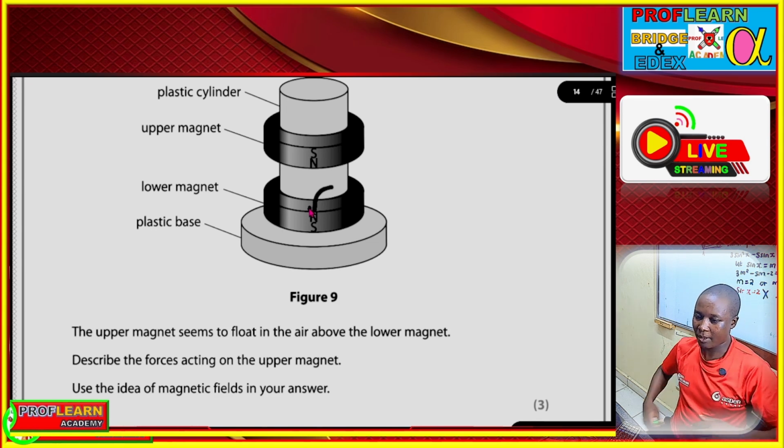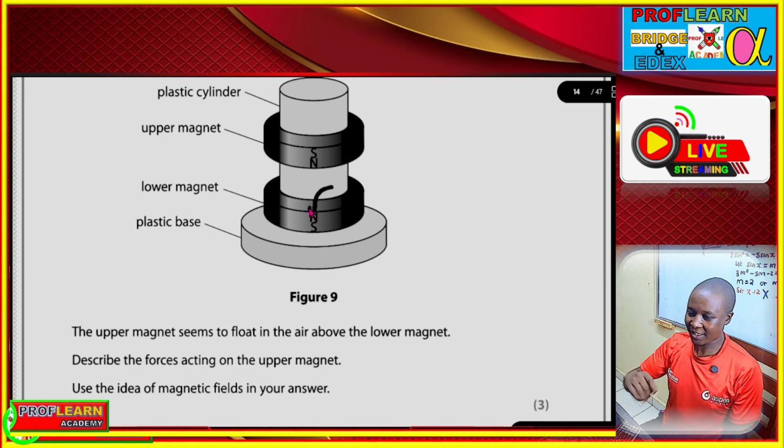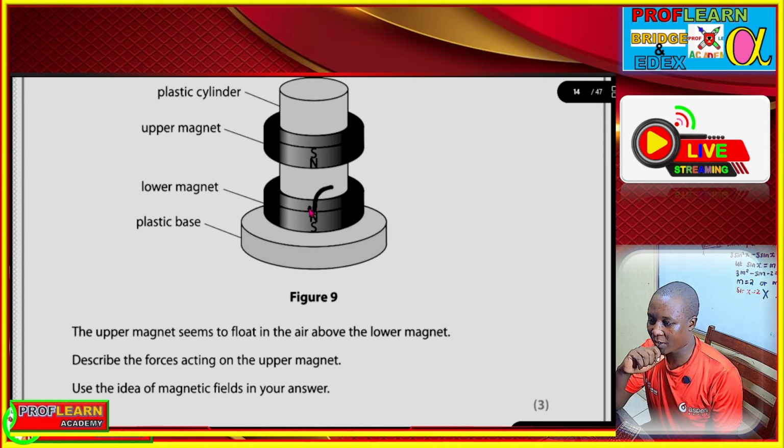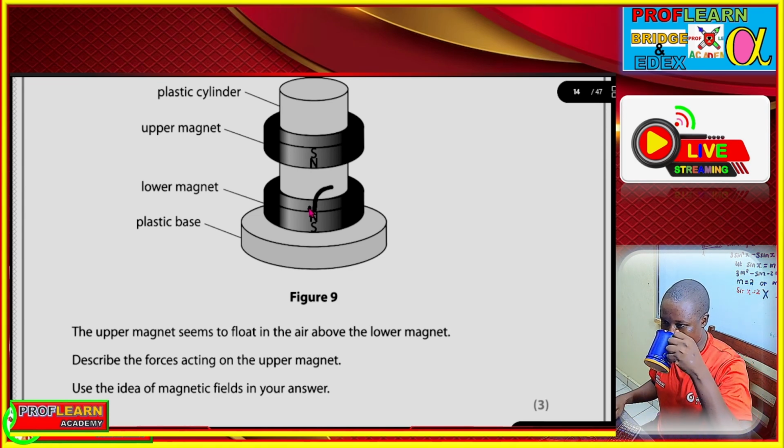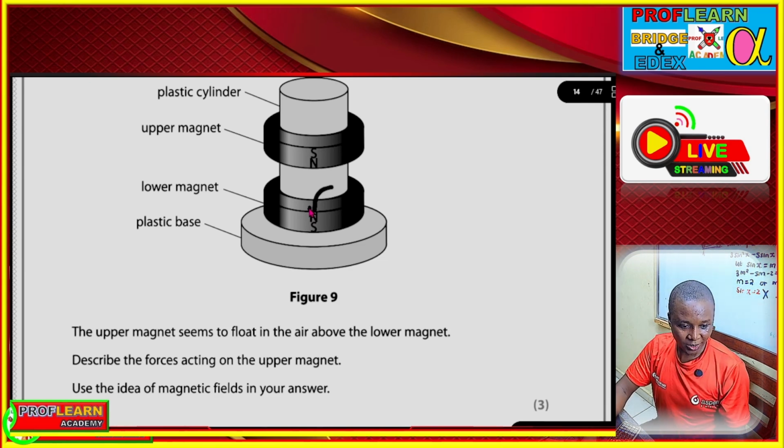Guys, can you let me know? Can you describe a little bit which forces are involved here to make this upper magnet float? I would like to see who's going to get it the first time. Actually, this is the first question I've asked in this live, so let me get to know who is attentive, who is keen.